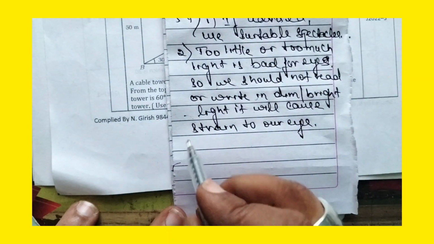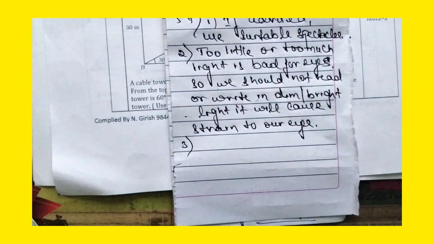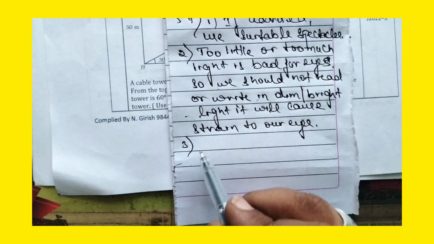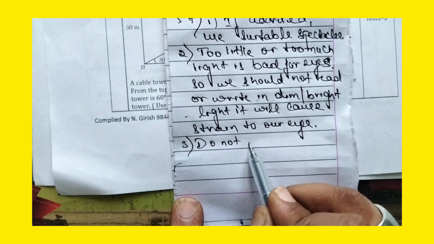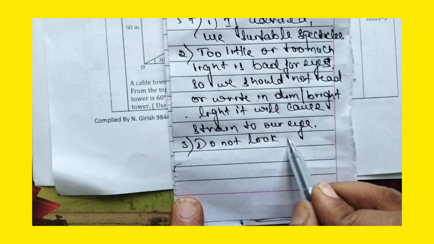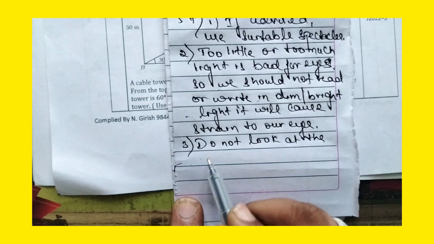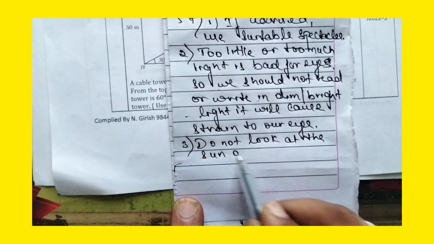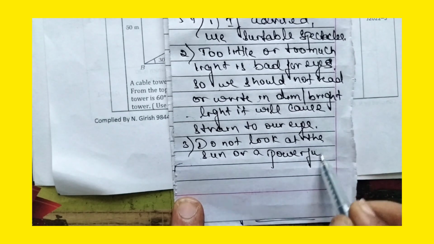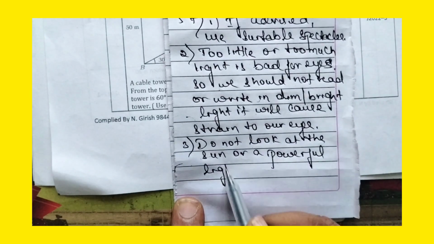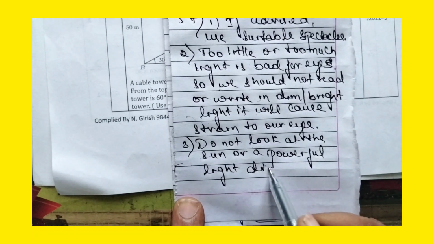Now let us move to the third point. The third point is that do not look at the sun or a powerful light directly.